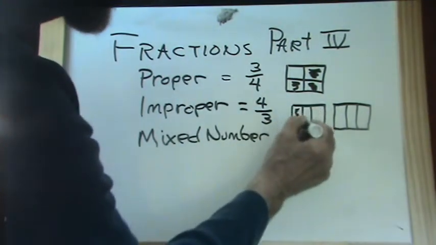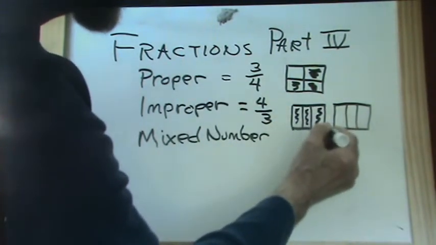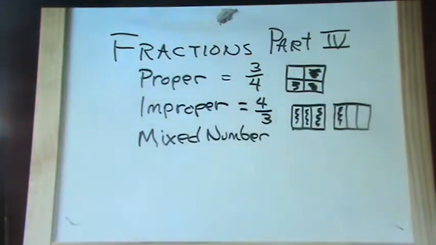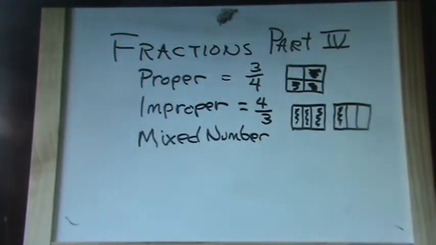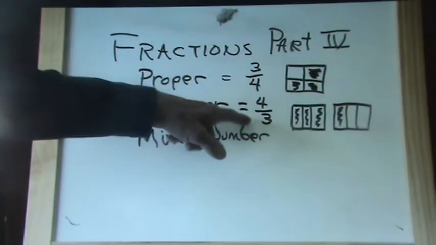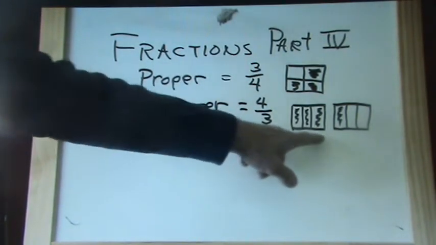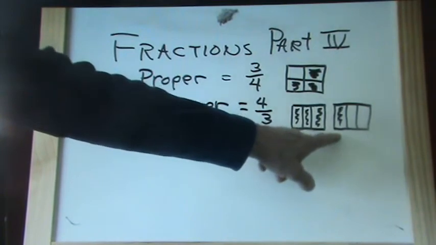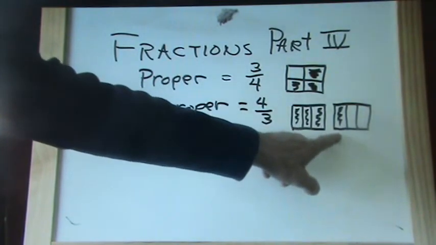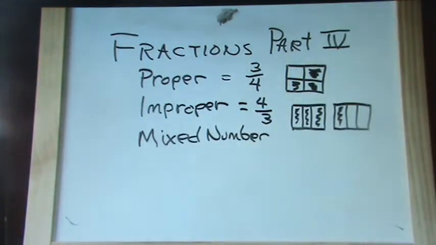So 1, 2, 3, 4. So that's 4/3. And improper fractions are always greater than 1 whole. This is 1 whole, and this is a third more than that. So they're always greater than 1 whole.